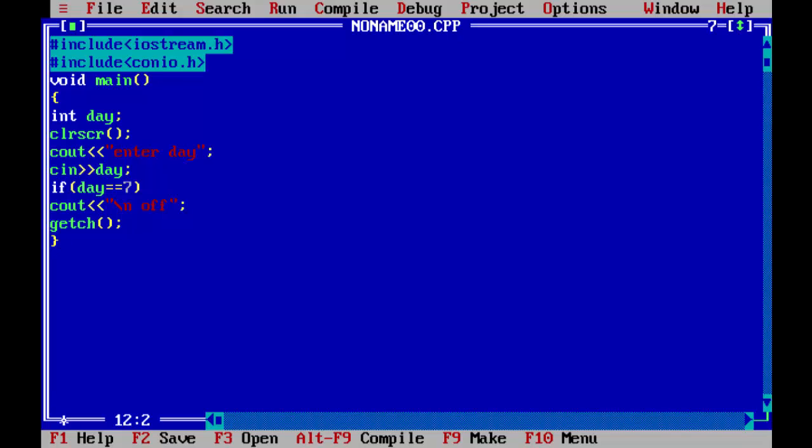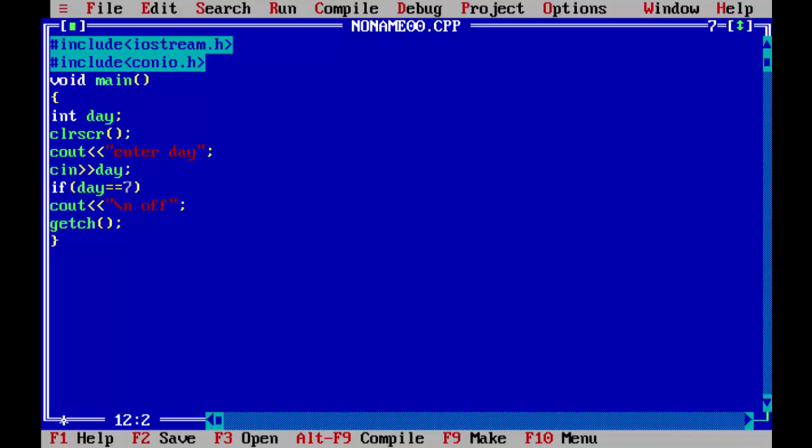Now we have an integer which is the day, and clear screen, cout. Then we have the condition if day is equal to 7. We know that we have 7 days in a week, and in every week we have a holiday.